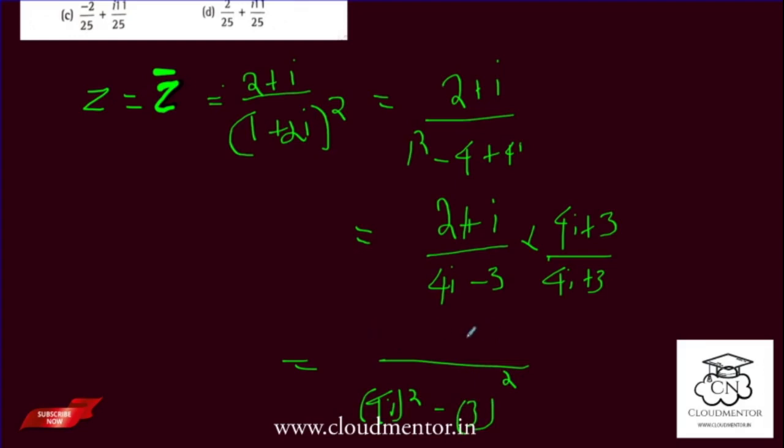For the numerator, multiplying, we get 2 multiplied by 4, that is 8, and 2 multiplied by 3, that is 6.